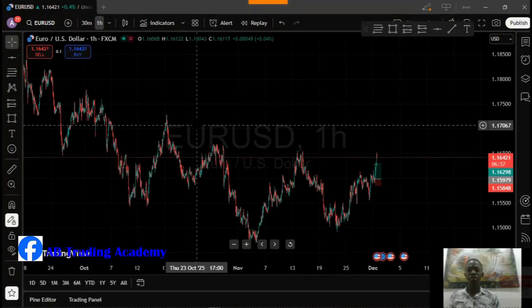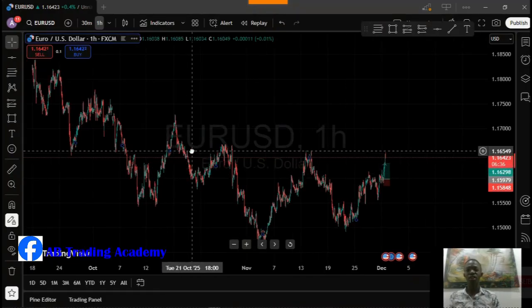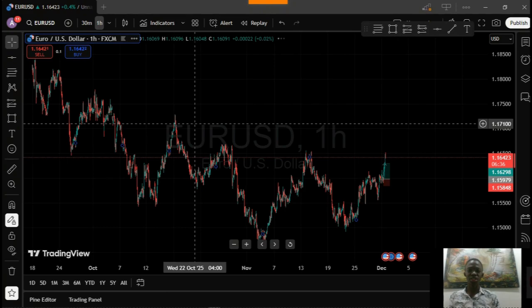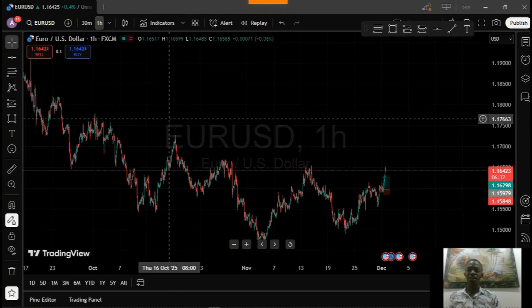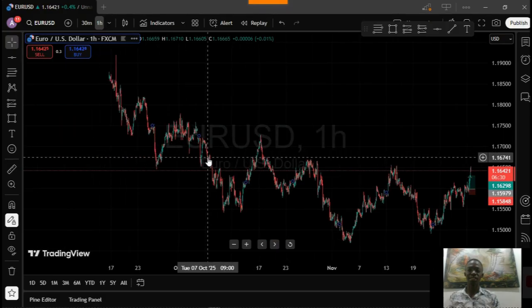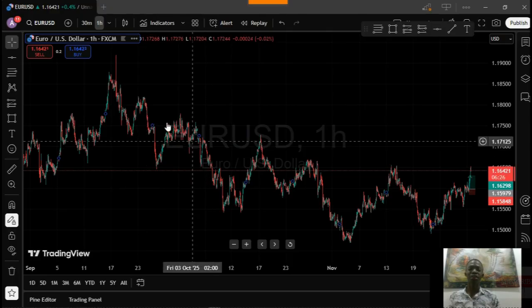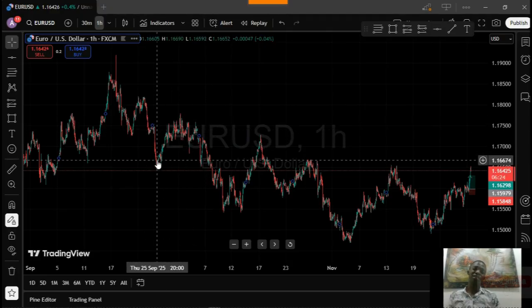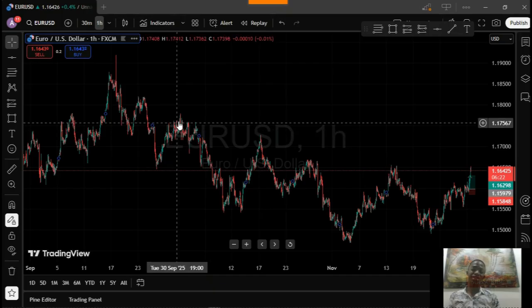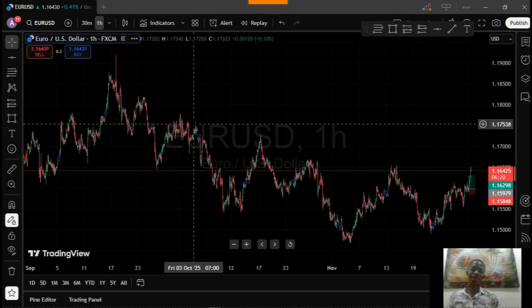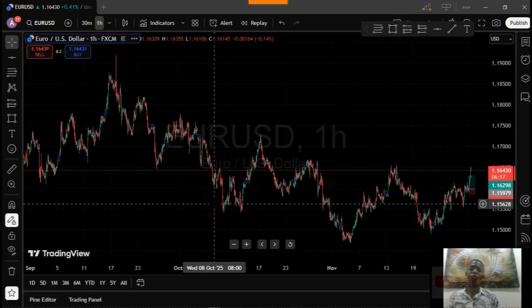So let's set up our chart. This is a EUR/USD 1 hour time frame chart. As you can see, the market was trending down. Before it trended down the first time, it came back and did a retest. Here is the resistance, while this is support.